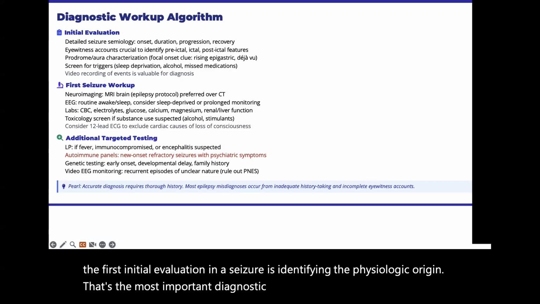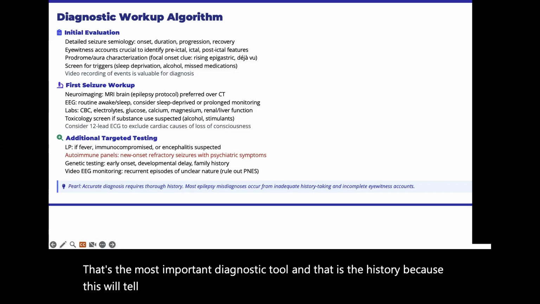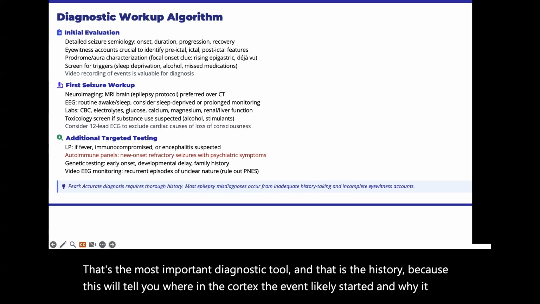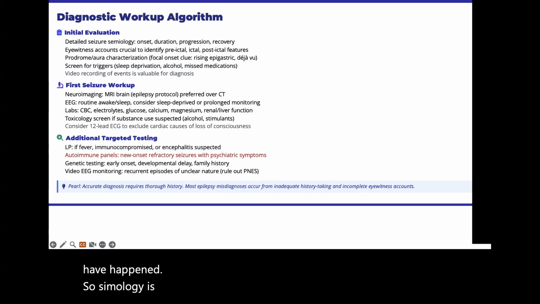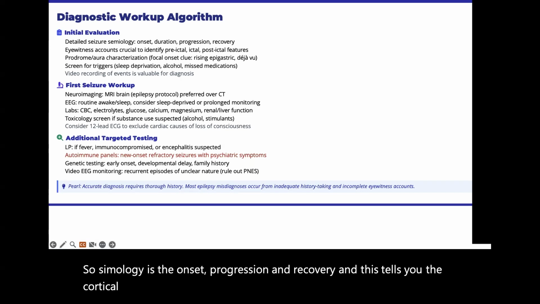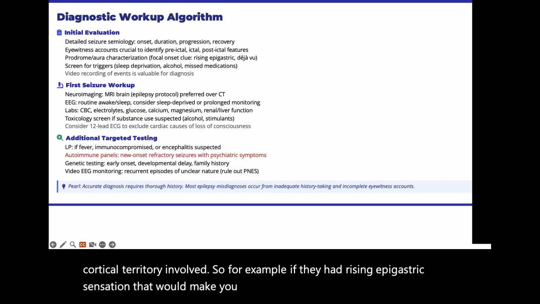And that is the history, because this will tell you where in the cortex the event likely started and why it may have happened. So semiology is the onset, progression, and recovery, and this tells you the cortical territory involved. For example, if they had rising epigastric sensation, that would make you think mesial temporal lobe involvement.